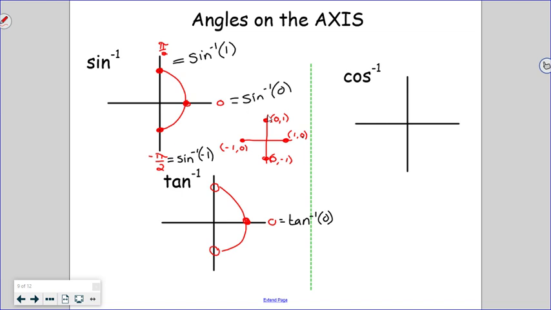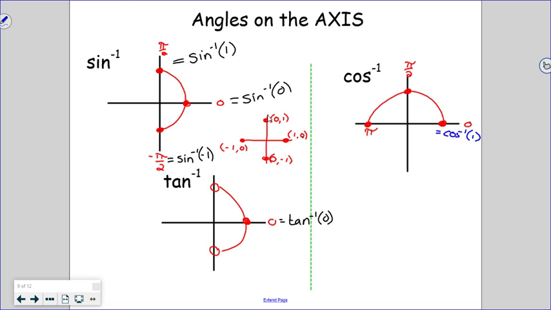Cosine is defined in quadrants 1 and 2. Hits 3 axes, 0, pi over 2, and pi. If we think about what the cosine value is at each of those, it tells us what the question was. The cosine value here is 1. So 0 is the answer to what is the inverse cosine of 1.